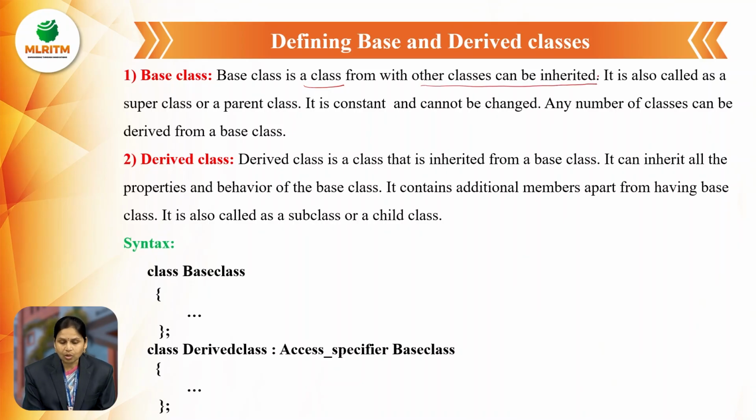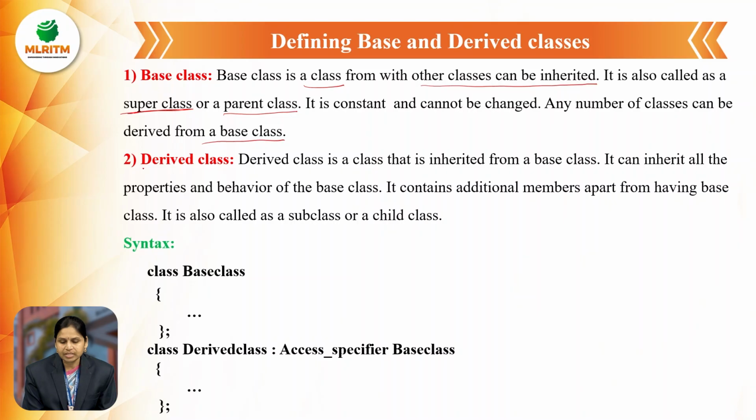It is also called the superclass or parent class. It is constant and it cannot be changed. Any number of classes can be derived from a base class. From this class we can inherit the child classes. The base class is also called the superclass or parent class.